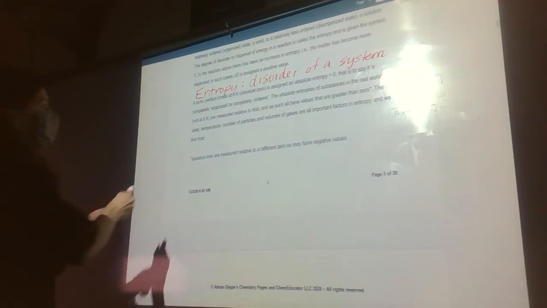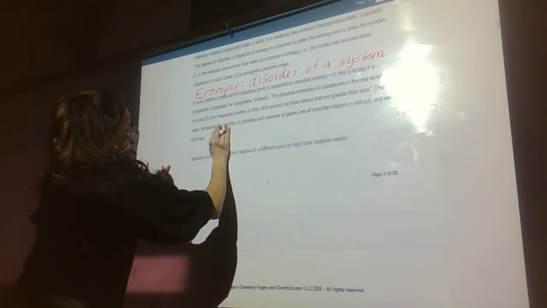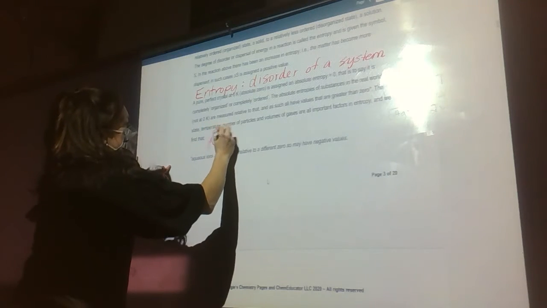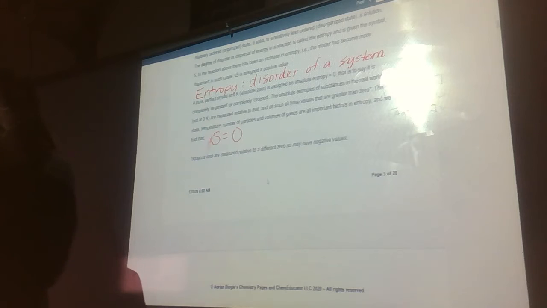By definition, the only thing in the universe that has zero entropy is a perfect crystal at 0 Kelvin. And entropy is S. S equals 0. Because E is energy, H is enthalpy, S is entropy. I don't know why.